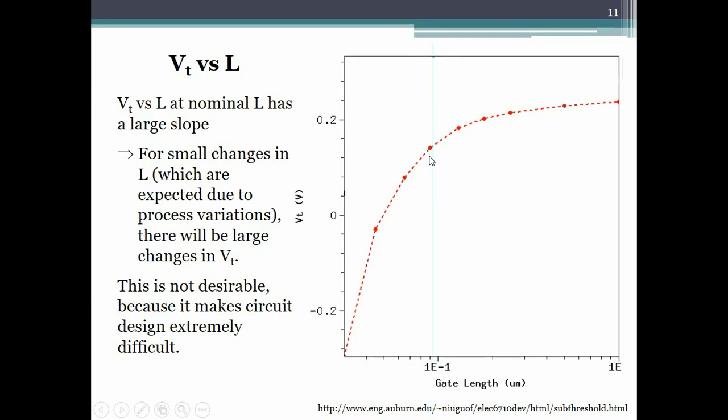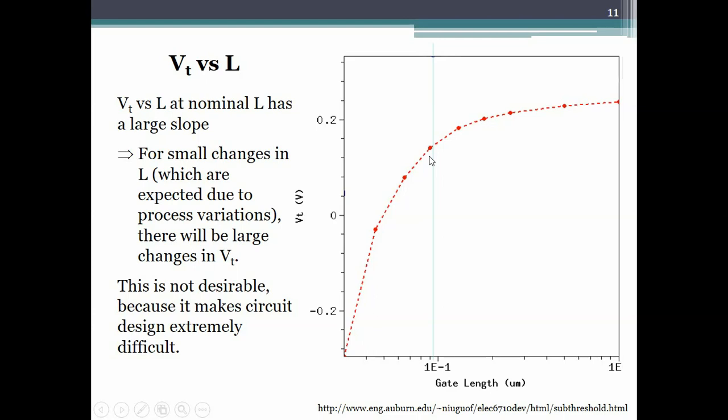Now this is extremely undesirable, because if the threshold voltage varies unpredictably, we have no idea what the actual channel length will be between 175 and 185, and the threshold voltage is varying significantly, then designing circuits with such a MOSFET whose threshold voltage is so unpredictable is extremely difficult.